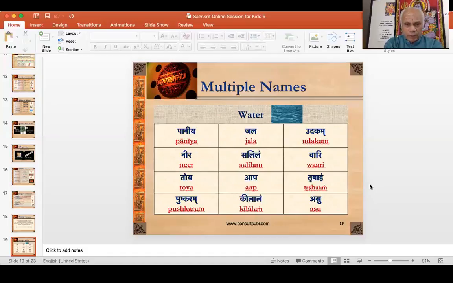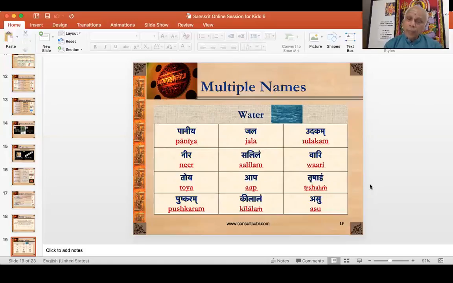Just 12 of them here, like Paniya. You know, when you do puja and all that, you say Paniyam Samarpayami. In the temple, they say Paniyam Samarpayami, which is offering water. In Hindi, you call it Pani. In Marathi also, you say Pani. Jala is another name. You all know Jalam, right?